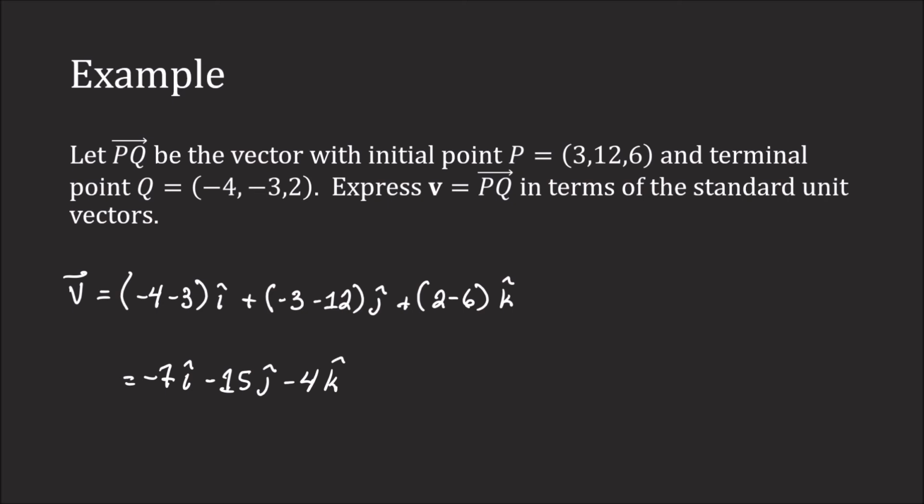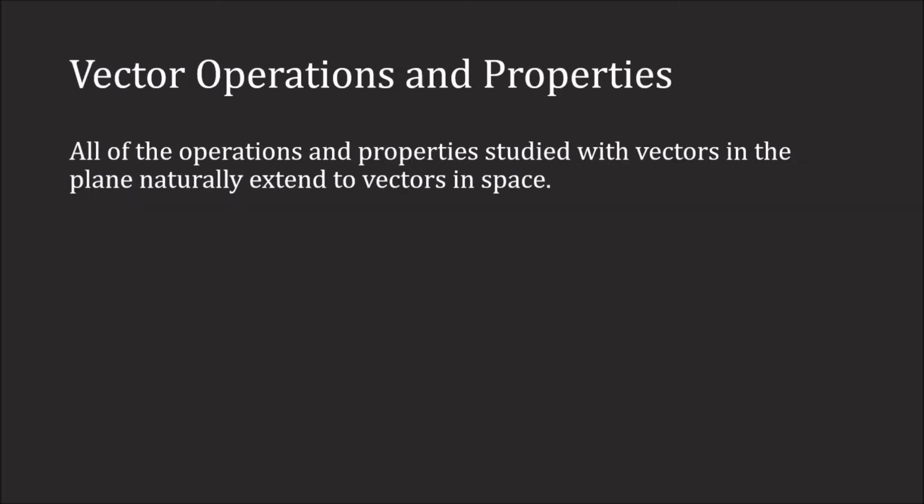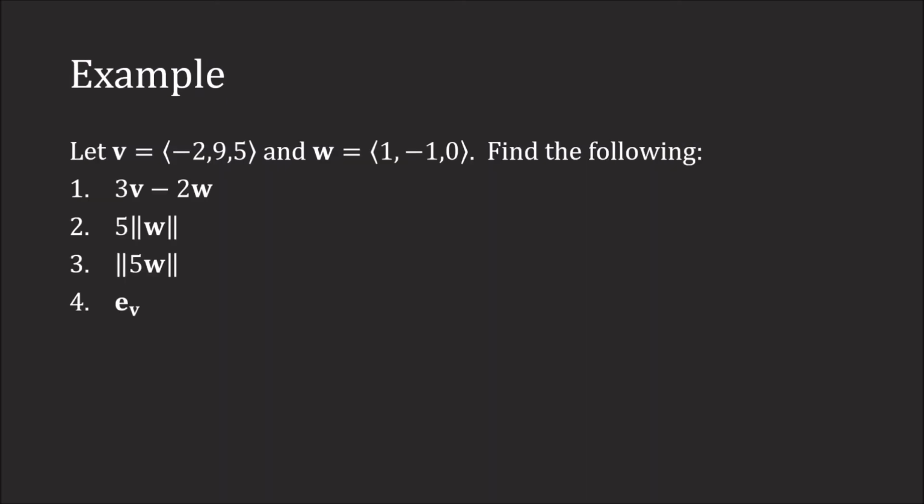Well, vector operations. Again, since vectors in space are an extension of vectors in the plane, all of the operations and properties we studied before are just natural extensions as well. So we have two vectors, v is (-2, 9, 5) and w is (1, -1, 0). We wish to perform the following.